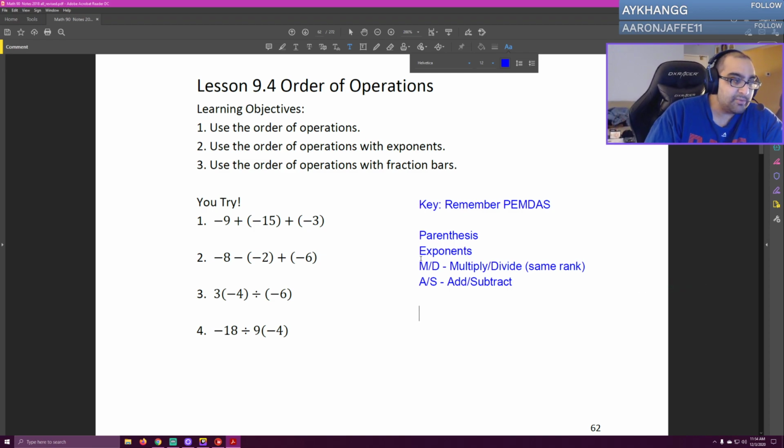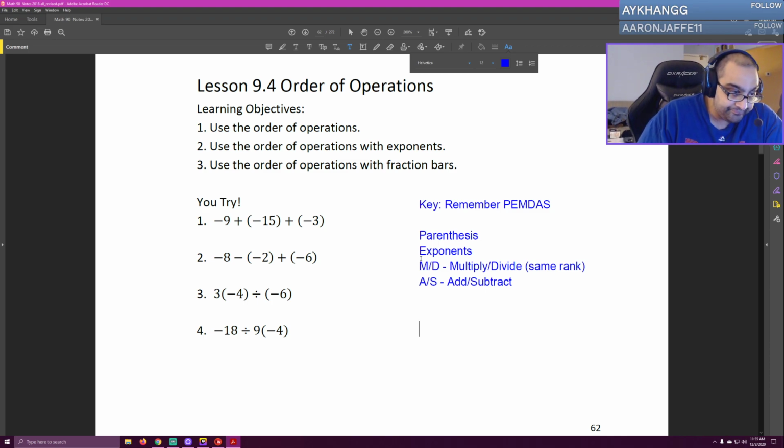So let's talk about the next key, because there are two keys here. We're doing order of operations now with positive and negative numbers thrown into the fray. One is that a lot of times we talk about sign changes, and when sign changes happen, you have to be very careful about them.